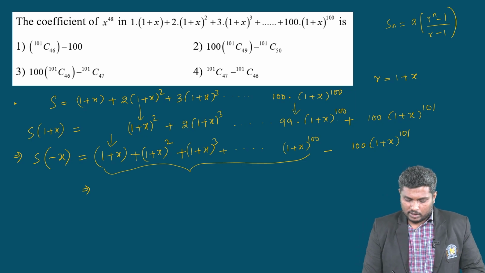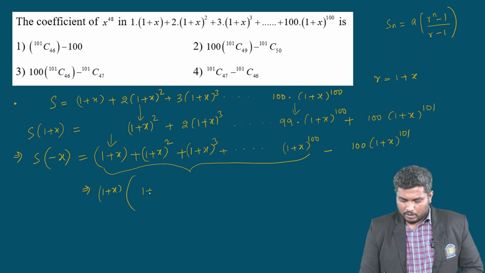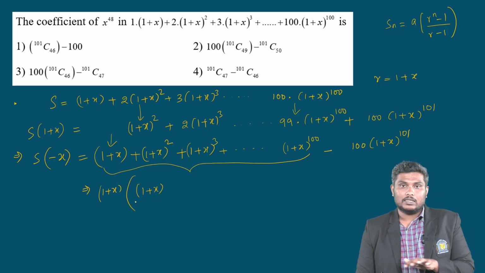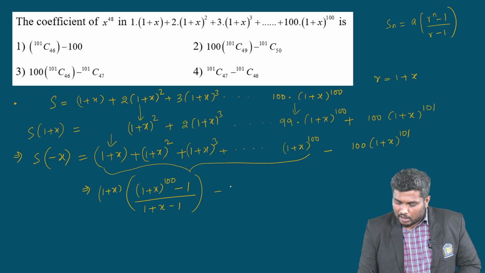I'm going to substitute the same here. The first term is 1 plus x, r is 1 plus x, there are 100 terms, minus 1, by 1 plus x minus 1. And then there is an extra term here, minus 100 into (1 plus x) whole power 101.